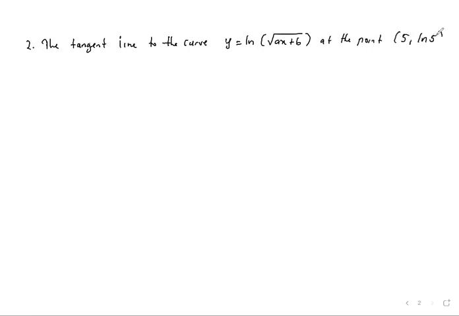In 2, the question is here: the tangent line to the curve y is equal to ln the root of ax plus b at the point 5, ln 5 is parallel to the line 8y minus 2x is equal to 15.